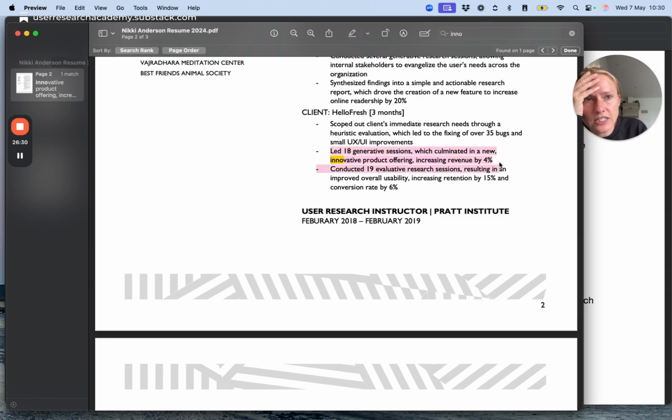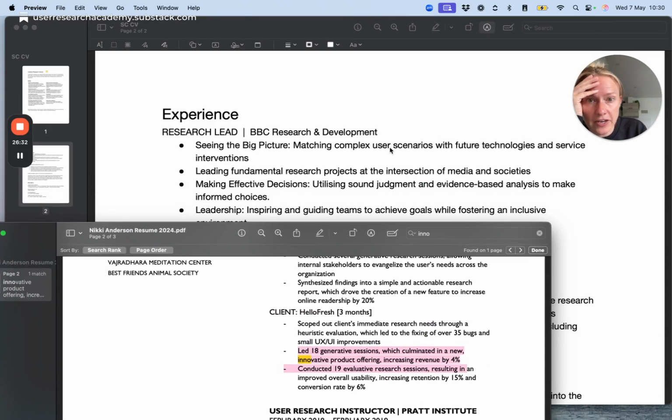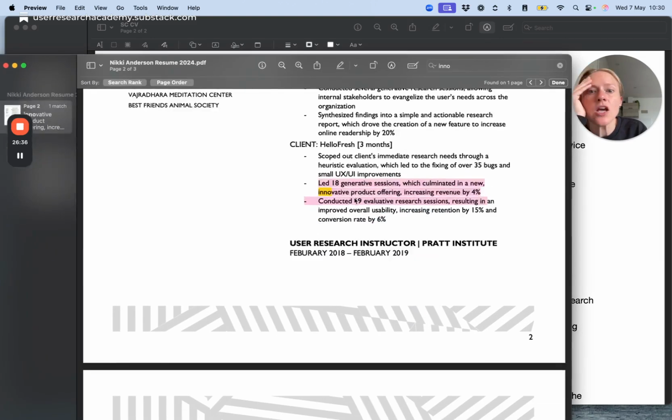For instance, it's not the same as matching complex user scenarios with future technologies and service interventions, but if you're talking about any sort of innovation, so here: led 18 generative research sessions, which culminated in a new innovative product offering, increasing revenue by 4%.